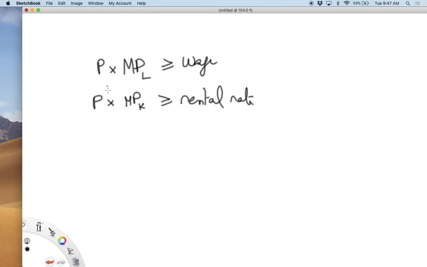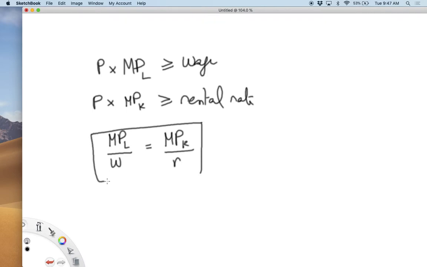And if you're choosing between machines and workers, if you are maximizing, and that means you're minimizing your cost of production, the marginal product of labor divided by the wage has to be equal to the marginal product of capital divided by the rental rate. These are the rules, and they are very similar to the rules for utility.